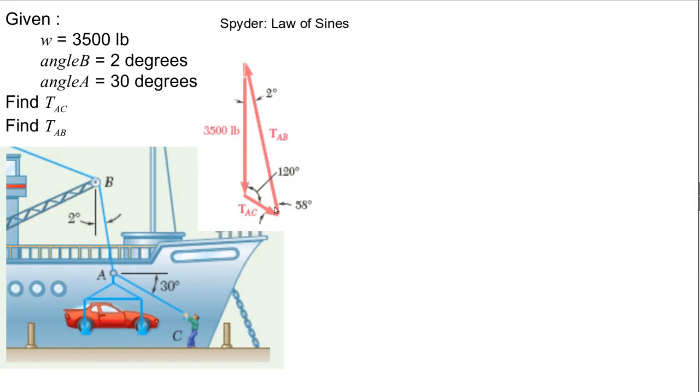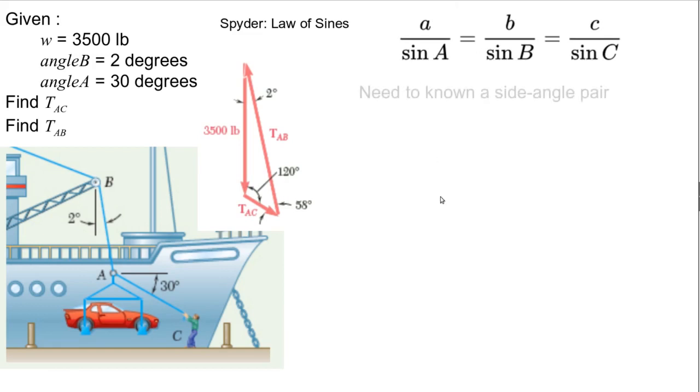We can keep this triangle up here and use the law of sines. Remember the law of sines. You probably learned it as a over sine A, b over sine B equals c over sine C. To use the law of sines, we need to know a side-angle pair.